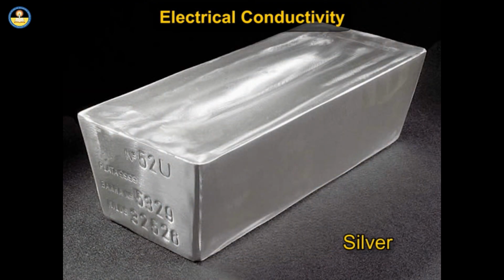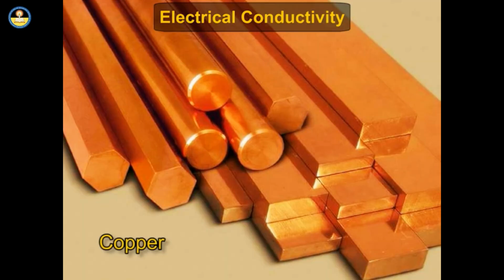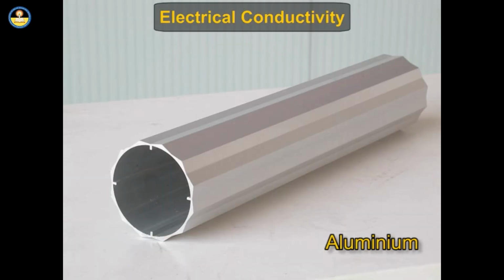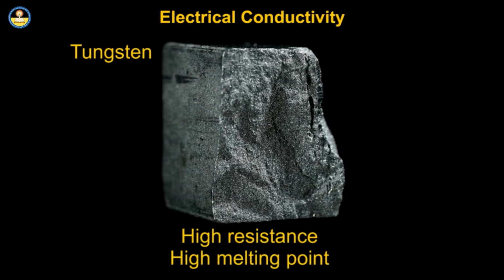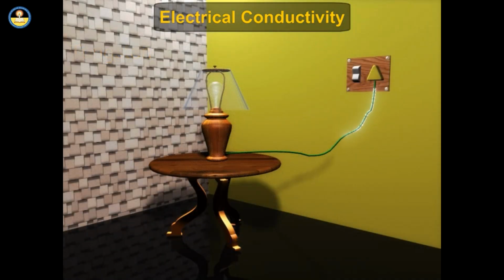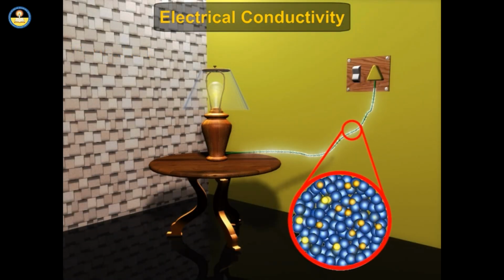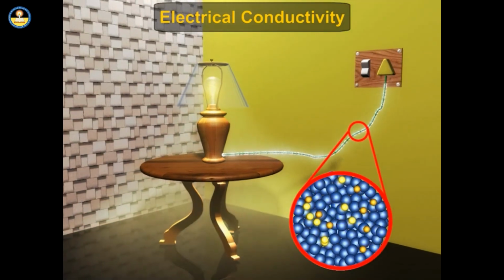Silver is the best conductor of electricity, followed by copper, gold, aluminium and tungsten. As tungsten has high resistance and high melting point, it is generally used for making filament of incandescent lamps.